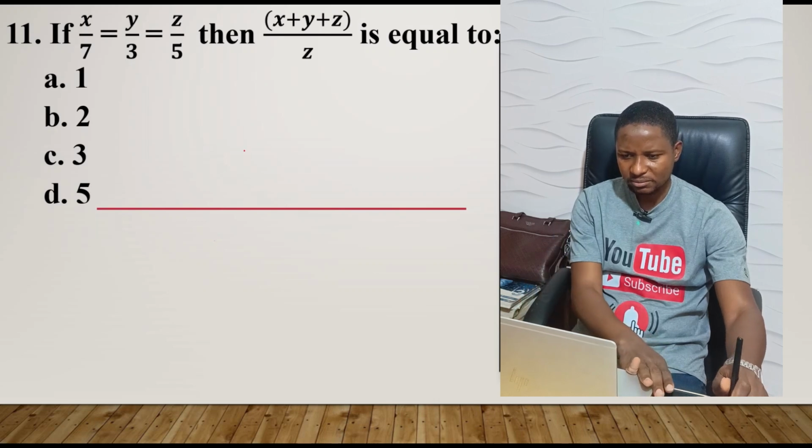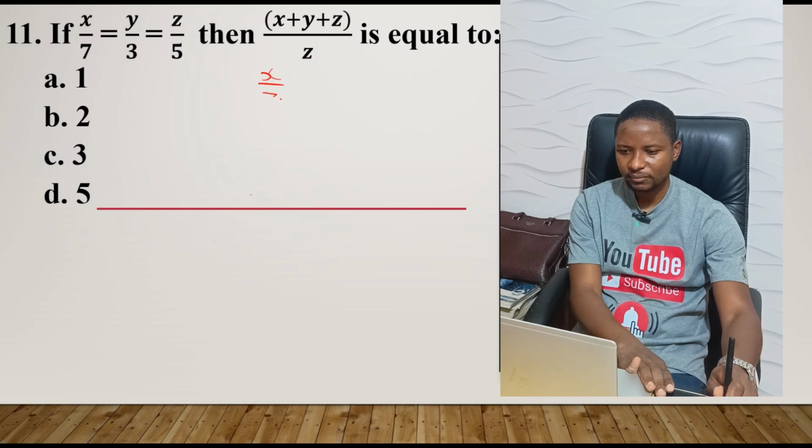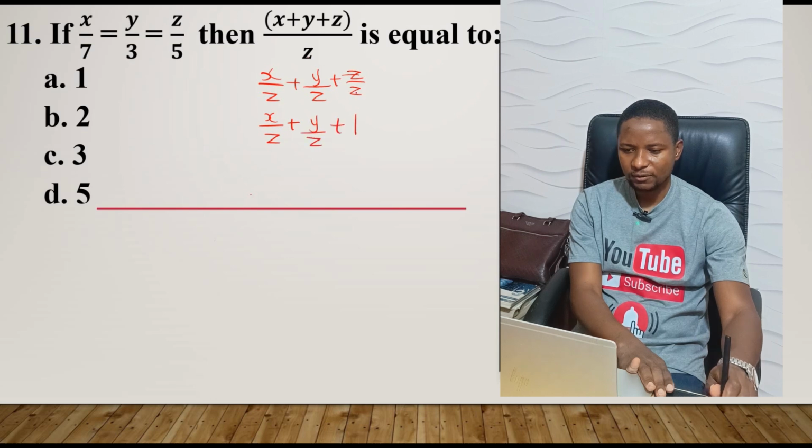All right, so I will start by distributing the denominator to each of the numerators. So meaning you have x over z plus y over z plus z over z. So this will give me x over z plus y over z, and this will give me 1. So I'm just looking for the first two expressions, x over z and y over z.